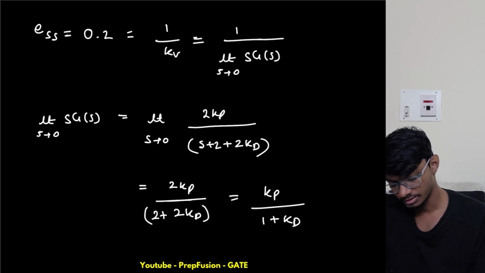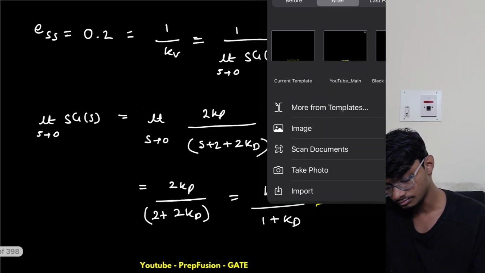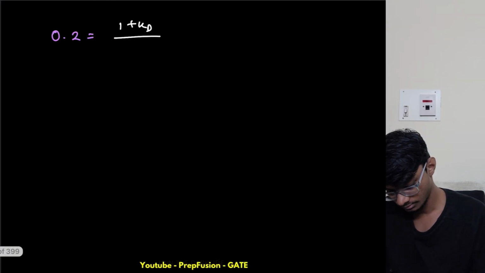Now I will put this over here, and this will be equal to my 0.2. So 0.2 will be equal to simply (1 plus Kd) by Kp.